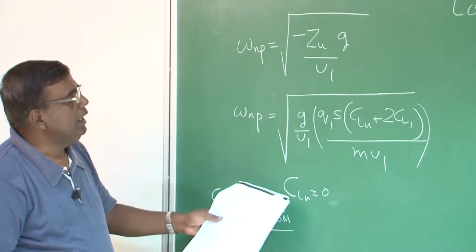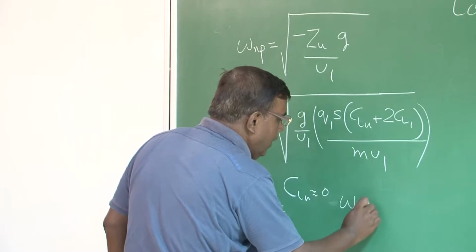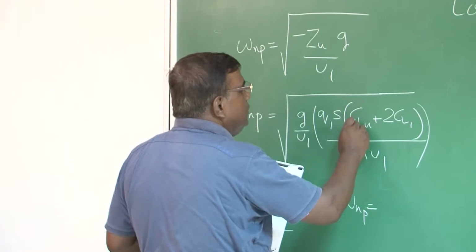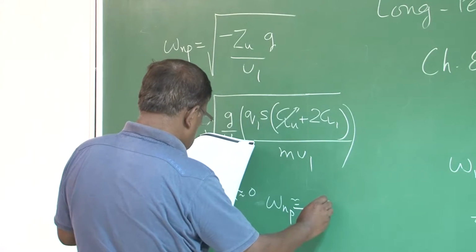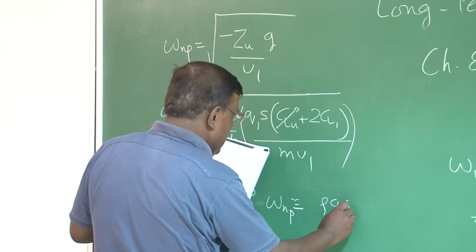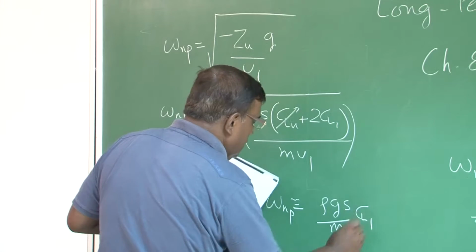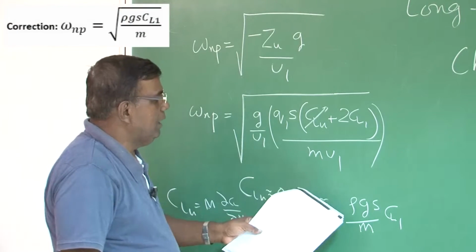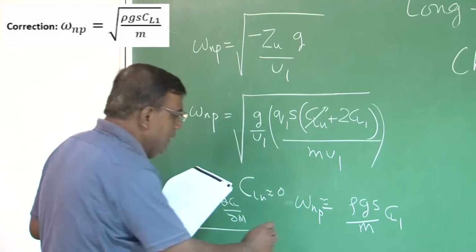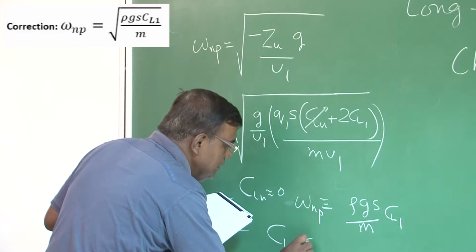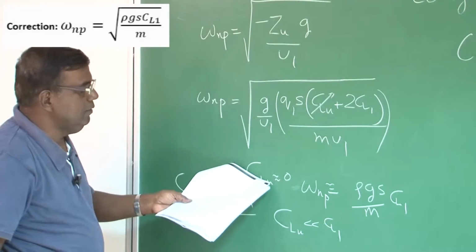We are assuming that this value is 0, then what we have is omega n phugoid equal to, so this goes out. So, we will have the expression as roughly under root of rho g S by m into CL1, where suddenly it becomes so simple, because remember that we have assumed CLu less than CL1, or initially I was talking about 0.